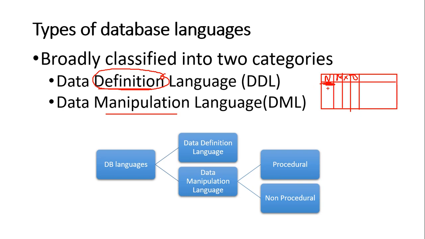All these are defining. Maximum marks, what is the maximum and minimum? What is the range? Can I have minimum minus 50 as the marks? Is it allowed? What must be the range? Only even numbers are allowed here, or only odd numbers are allowed here? These are all definition. We are defining how the things will look like.